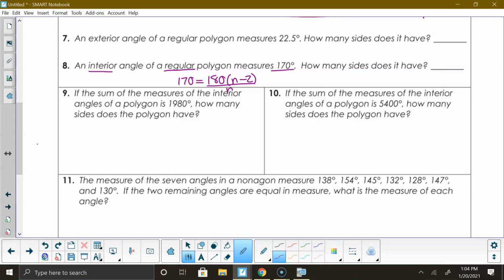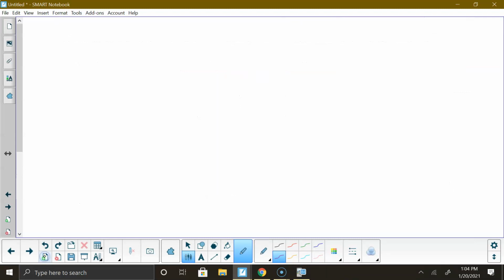I could sit here and guess and check, but I don't want to. Which one would you rather see? Work it out? Alright, so here's what I'm going to do. I have 170 equals 180 n minus 2 all over n. And I'm going to write this as 170 over 1.